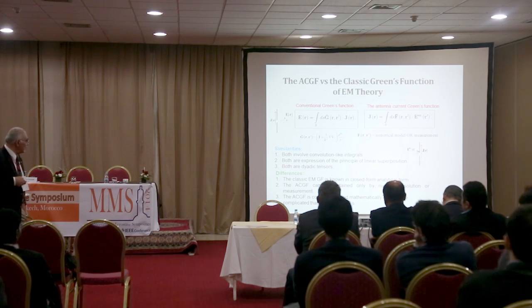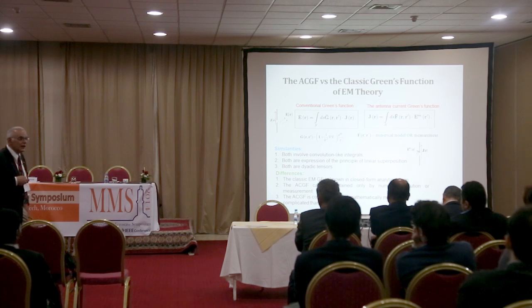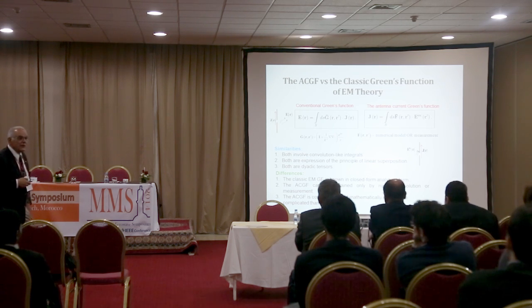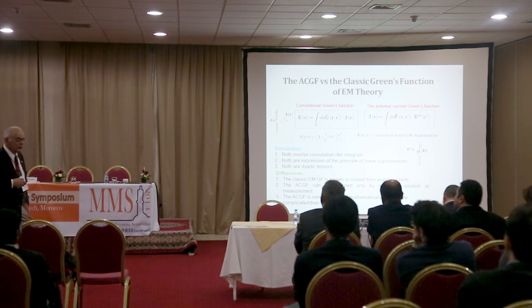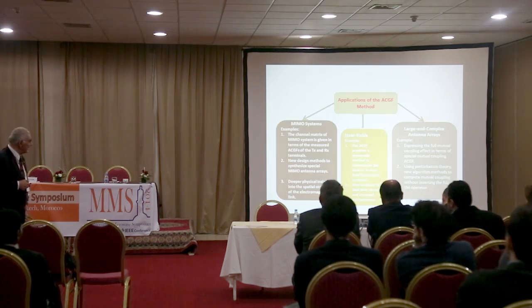Both are dyadic. But the difference is that the conventional Green function is known, with e to the ikr over r, in closed form. The antenna current Green function is not in closed form, so you have to work your way around to get it. It is a bit more complicated, but it is there.